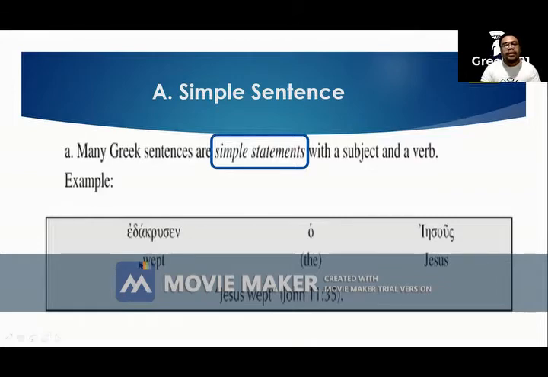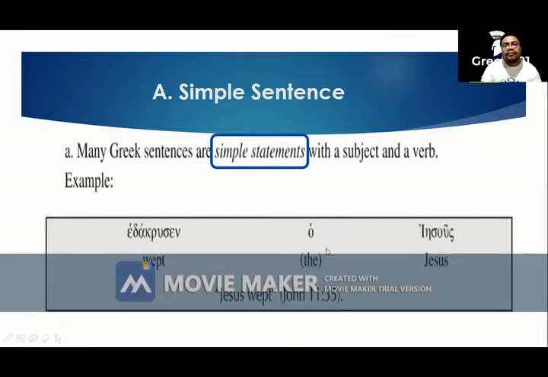For example, we have the sentence here. Let's read all together. Edakrusen ho Iesous. So you have here edakrusen. It is the past tense of the word dakruo, which means to weep. So it is in the past tense.